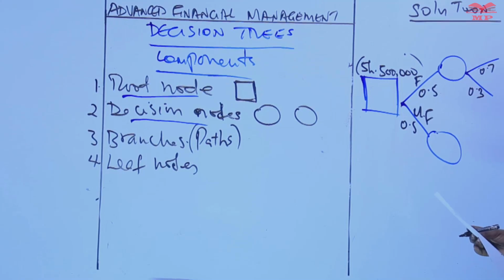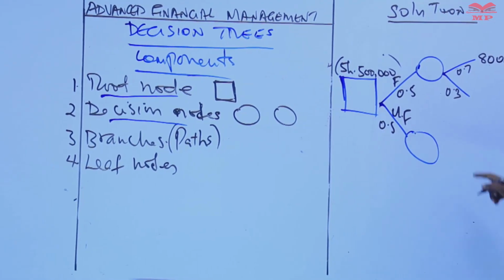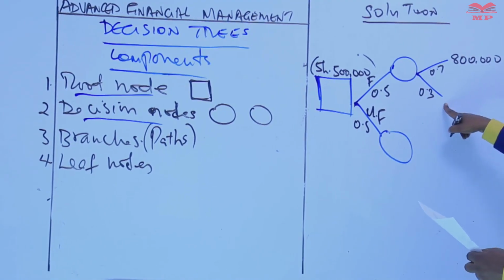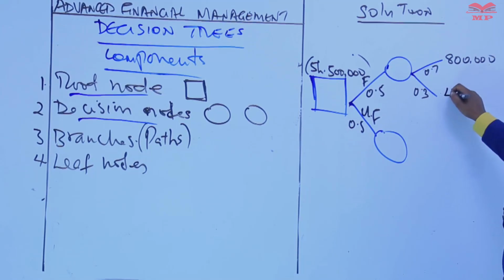So there is 70% probability of generating 800,000. 70%, 800. 30%, 400.